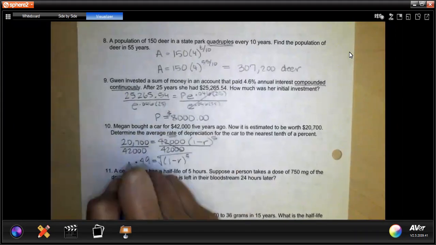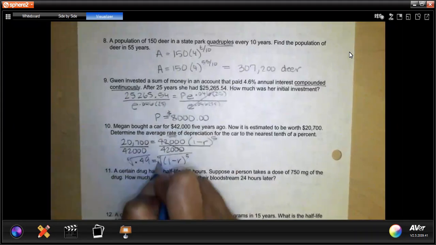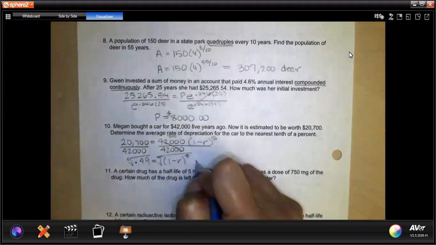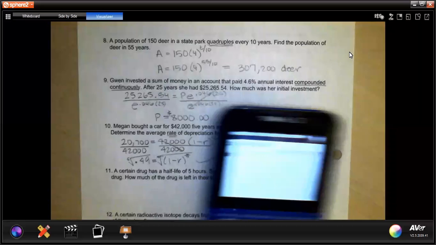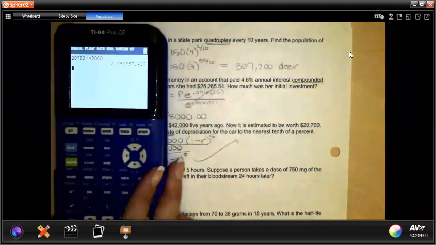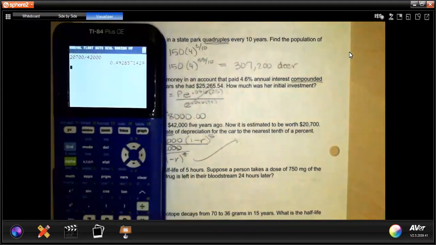And whatever we do to one side, we do to the other. So the 5th root and the 5 are going to cancel. Now I do want to show you how to put this in the calculator. All right, so we want to take the 5th root of this right here.